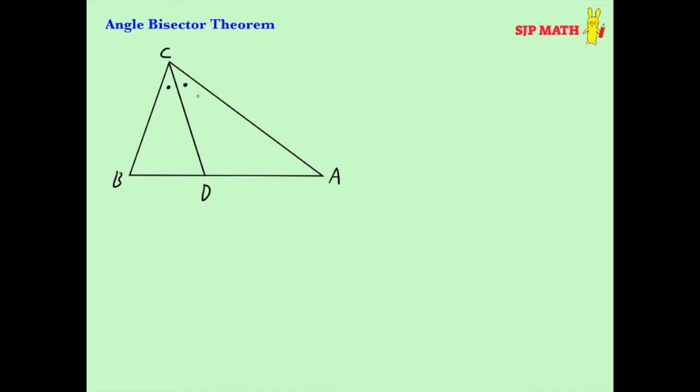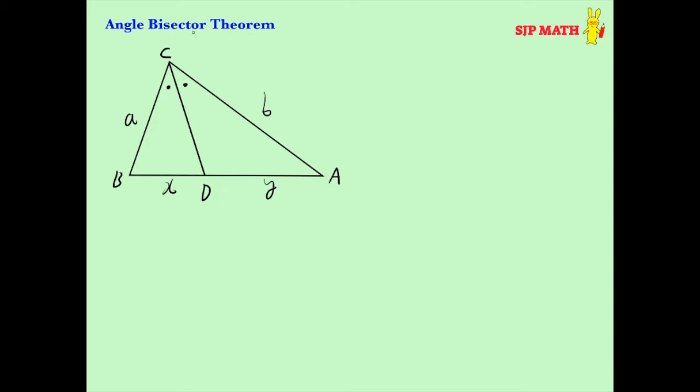So now we know what an angle bisector is. So let's get on to knowing the theorem then. So let's label the length of side BC as small a, and the length of AC as b, and the length of BD as x, and the length of AD as y.